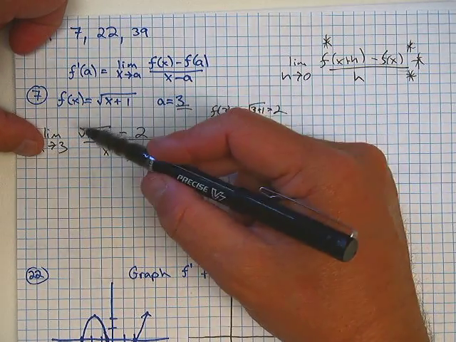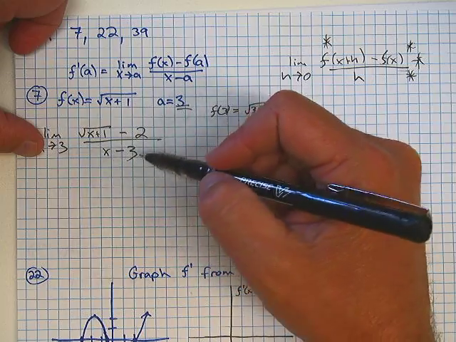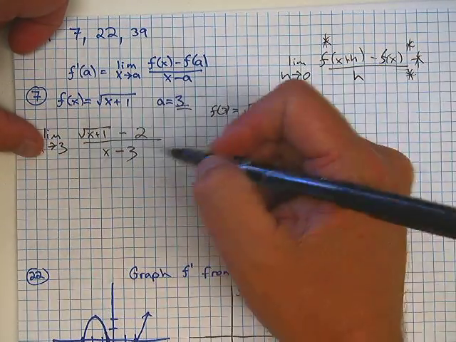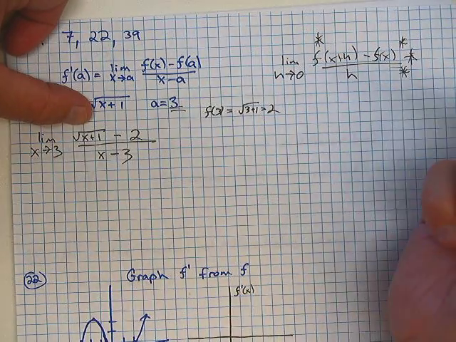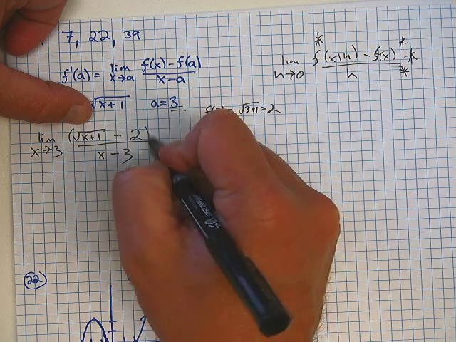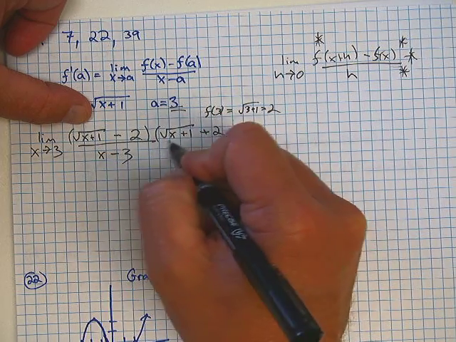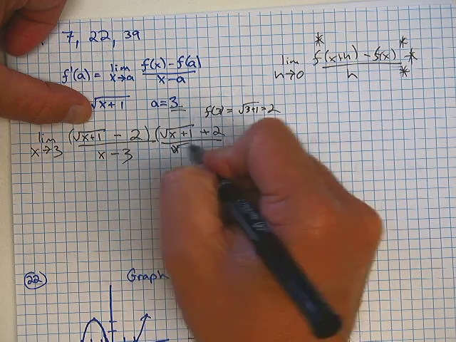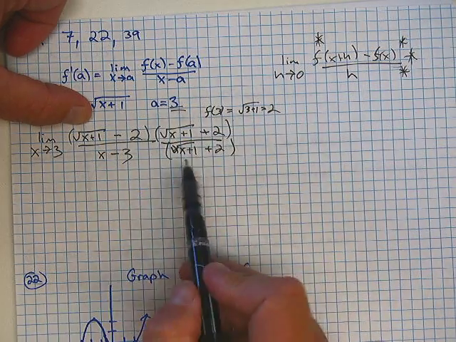Okay, so we plug in 3 and we get square root of 4 minus 2, which is 0, divided by 3 minus 3, which is 0. And the trick that I told you guys to remember is that anytime you have square roots, all you got to do is use the conjugate. So the conjugate of that is square root of x plus 1 plus 2, divided by square root of x plus 1 plus 2.